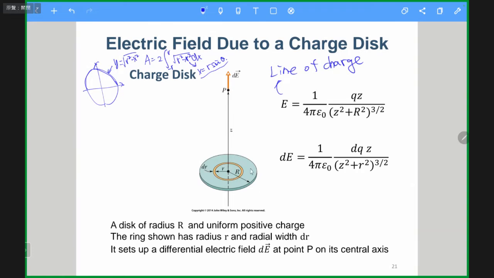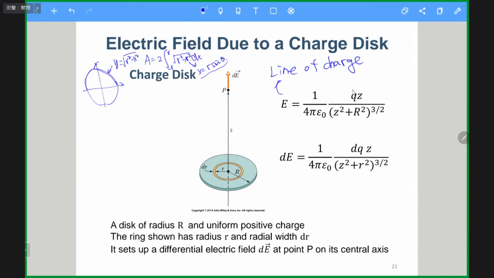And here we try to separate the disk into many rings with different radius. So rather than writing it as capital R, we write it as small r, and then we integrate over r. And rather than calling it E, we call it the E field generated by this small ring, dE.